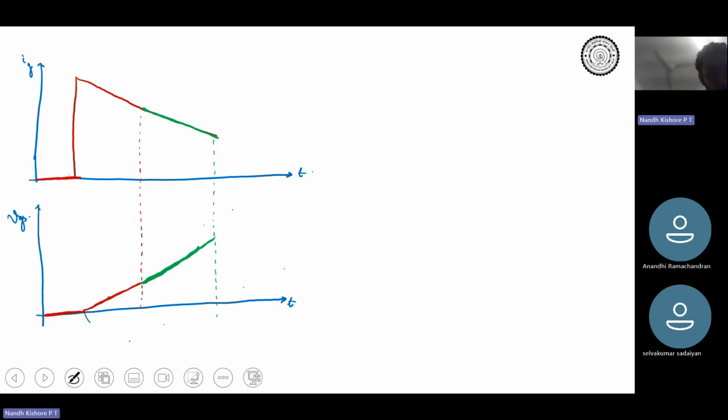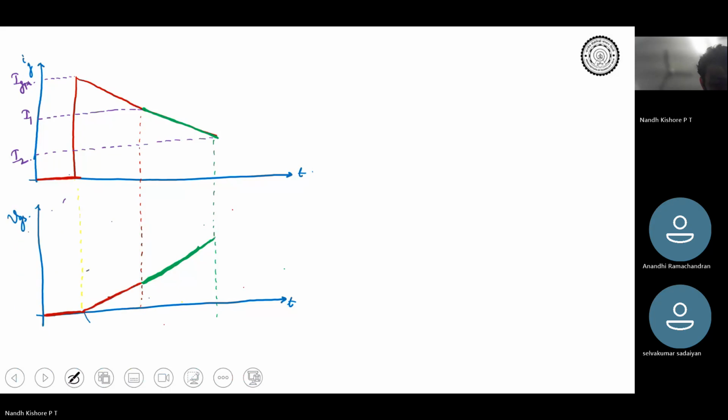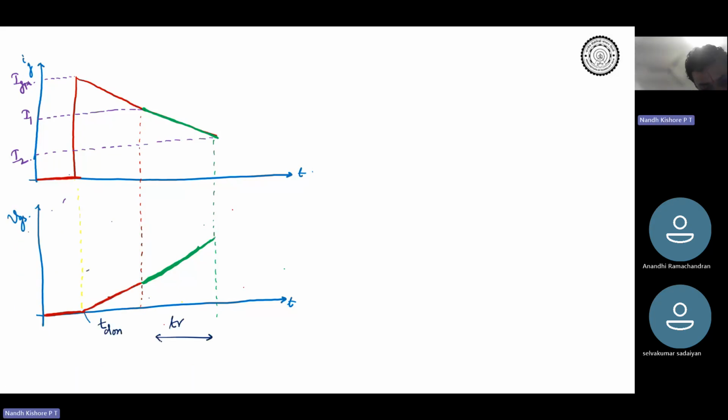IG peak, I1. This was I2, right? TD on, TR, right?